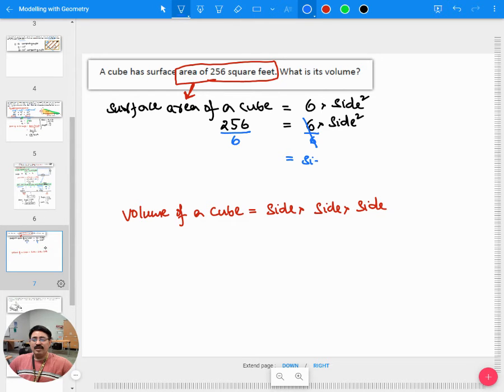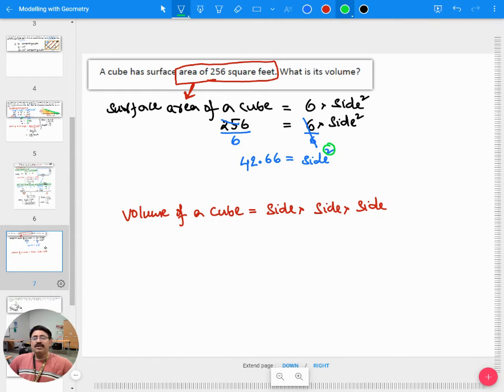Then you get that side squared equals 256 divided by 6, and you should end up with a decimal: 42.66.